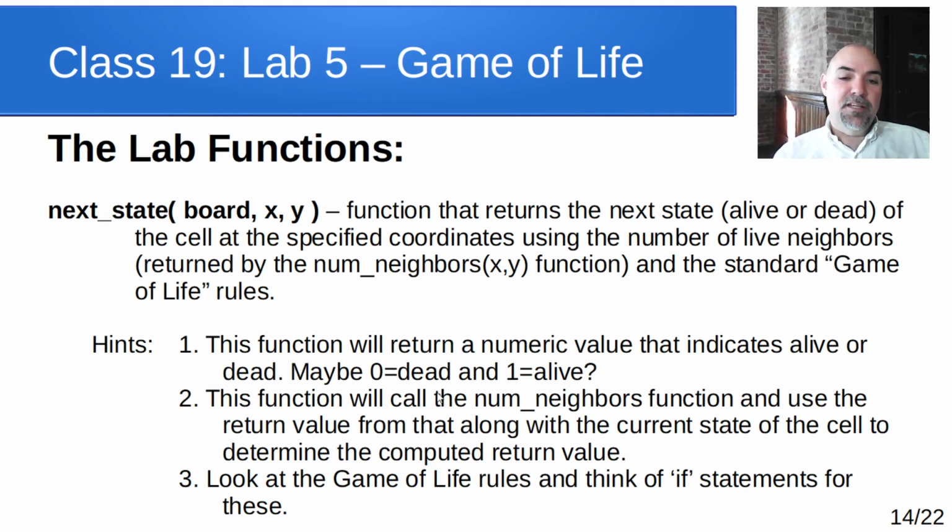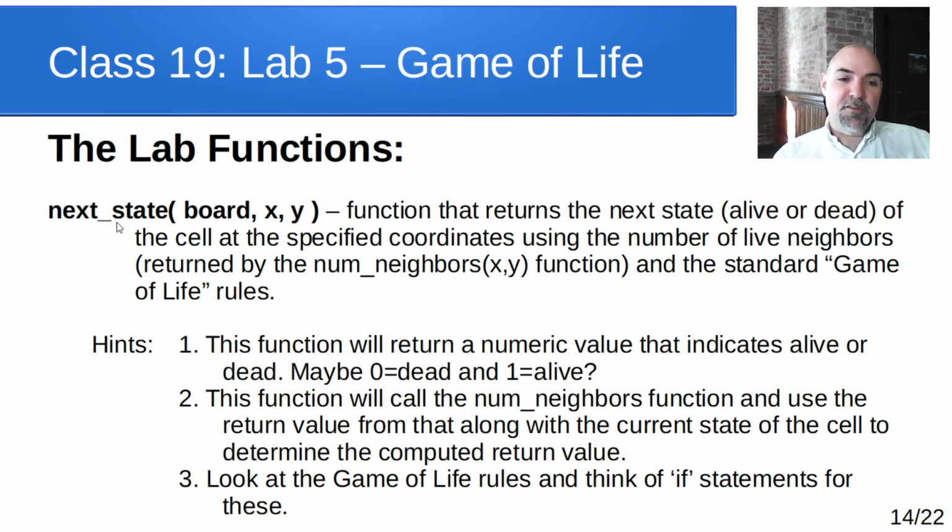So I would suggest, again, using something like 0 for dead, 1 for alive. I would also suggest that that function call the num neighbors function and then use the return value from that, along with the current state of the cell, is it currently dead or alive, in a set of if statements that mirror the rules for the game of life. And then use that to determine the value that this returns.